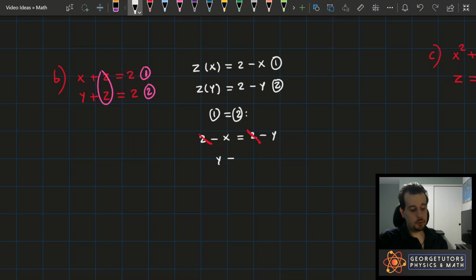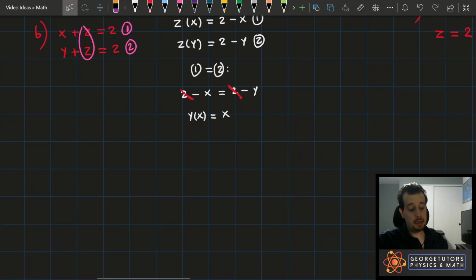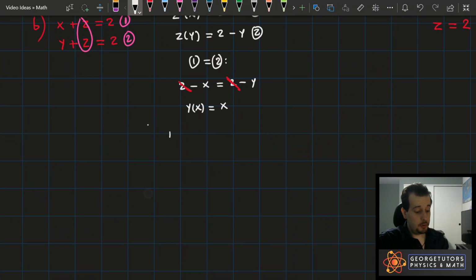I would like to write this, though, as y is equal to x, because I want to emphasize again that we have explicitly written down y as a function of x. So you guess what's going to happen here. We're going to have a little r of t for the two components, y and x. X is going to be the independent variable again, so it's going to be the actual parameterization of this problem, and y is going to be depending on x.